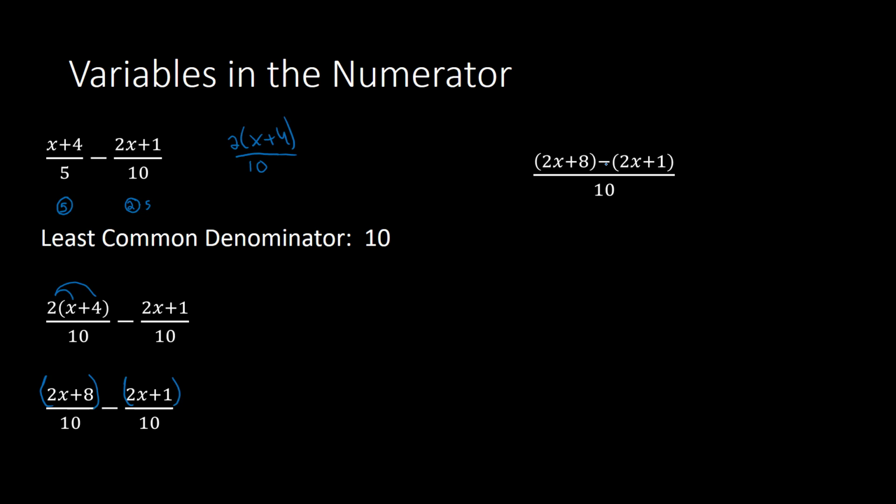So now from here, when I subtract, I'm subtracting all of the 2x and all of the 1. So I'm basically distributing the negative 1 to get negative 2x, and then negative 1 times 1 to get negative 1. So now I can combine like terms. 2x minus 2x will cancel to give me 0. And then 8 minus 1 will give me a 7. So my solution will be 7 over 10.